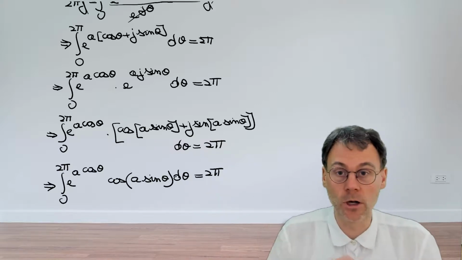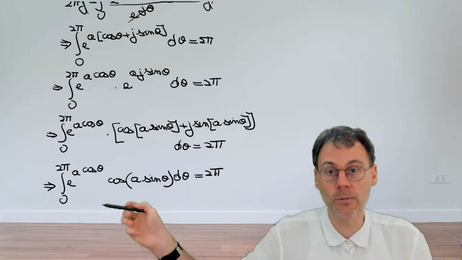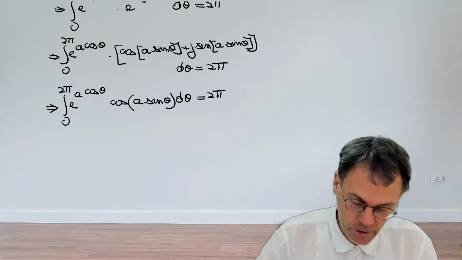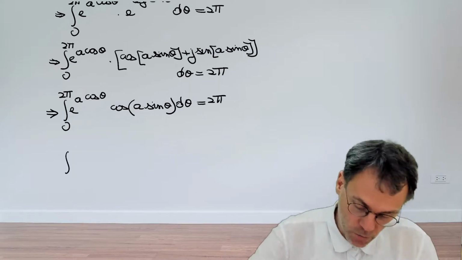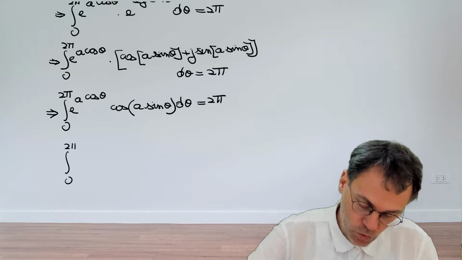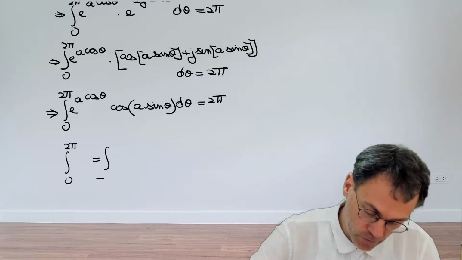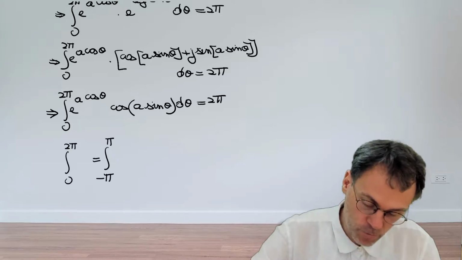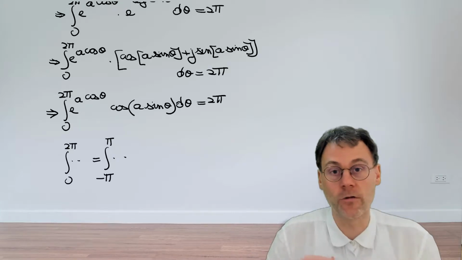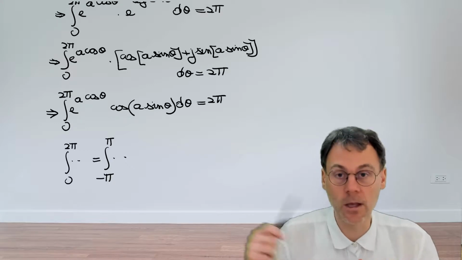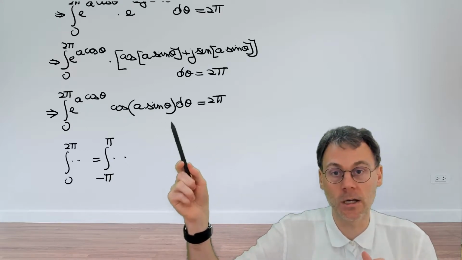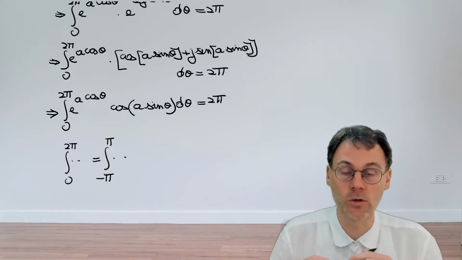Now we're almost done. The only thing we need to do is work a little bit on these integration bounds here, which are now from 0 to 2 pi. But we can also rewrite that as an integral from minus pi to pi, simply because our function is periodic in theta. So theta appears here inside the sine and there inside the cosine.